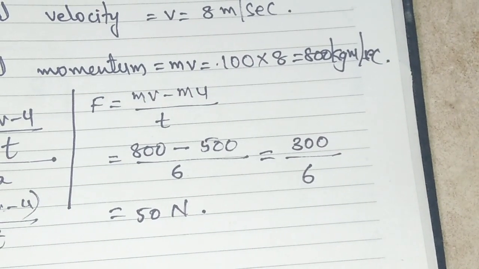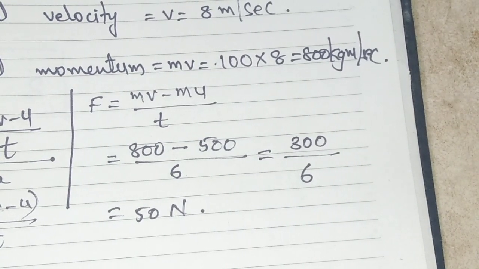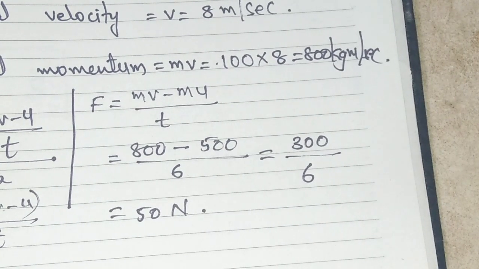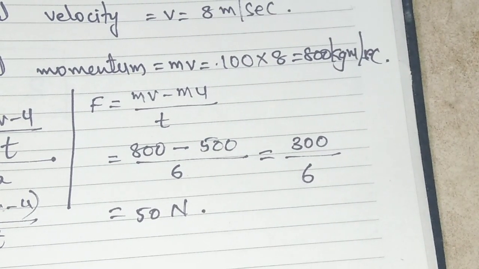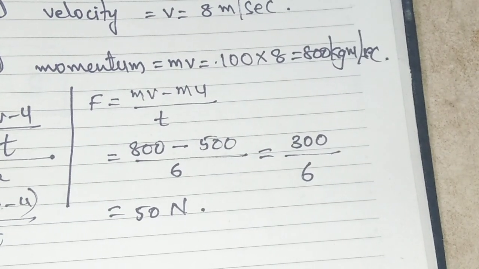The object is accelerated uniformly from 5 meters per second to 8 meters per second in 6 seconds. They are not giving any opposite manner like that. Anyway, velocity is increasing, so positive acceleration is there. When positive acceleration is there, force also will be positive. So we are not putting any minus sign here.